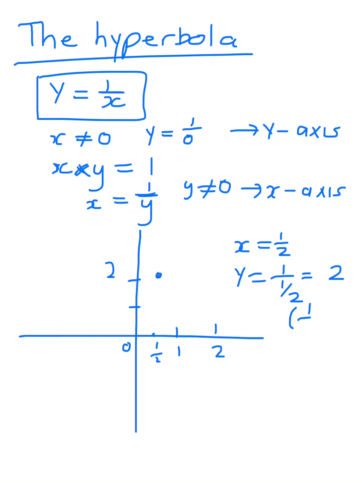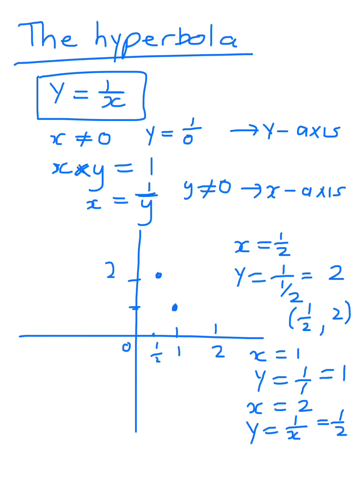So that point's (a half, 2). If you put in x equals 1, you get y equals 1 over 1, which is 1. When you put in 2, y equals 1 over 2, which is a half. So you can see the curve comes down and looks a bit like that.